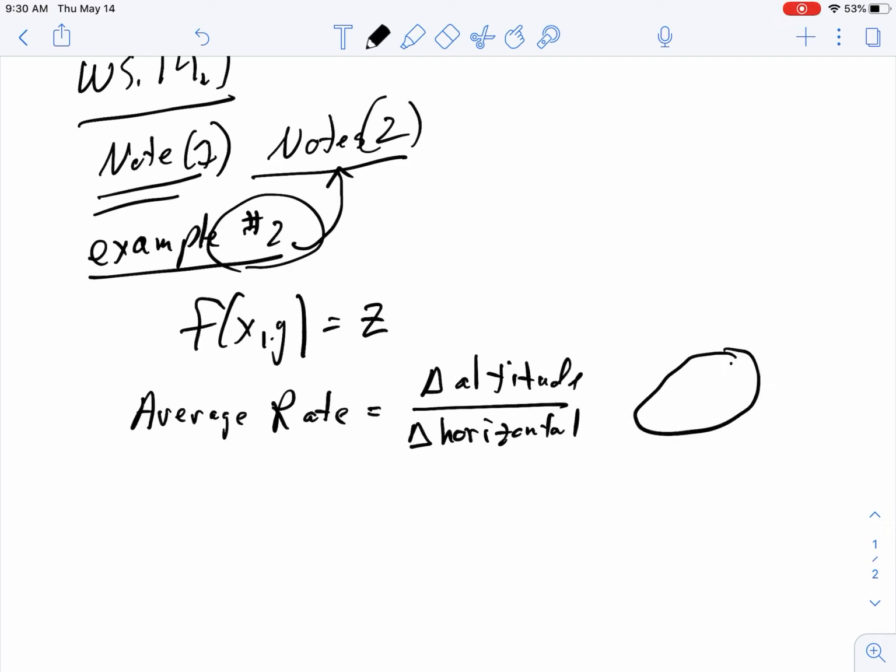If you look at your lines here, when these lines are getting closer together, that means you're going up really steep. When you have lines that are apart, the rate of change is going to be a lot less, which is basically that rate of change.